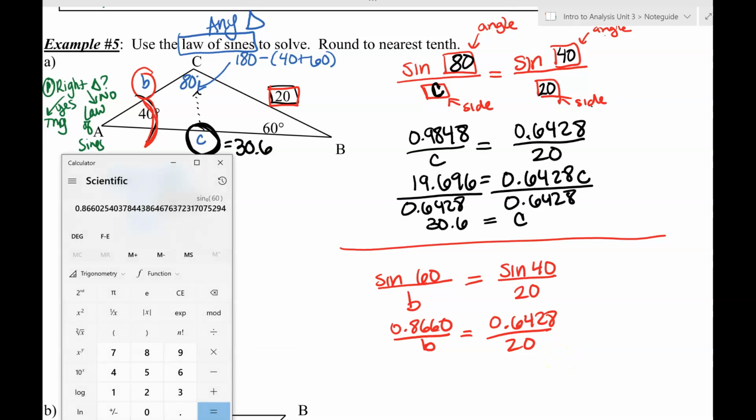And now I'm going to multiply 20 times 0.8660.